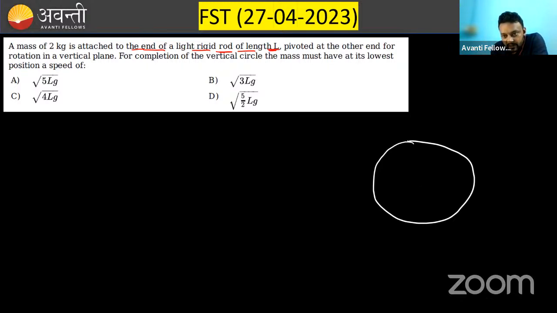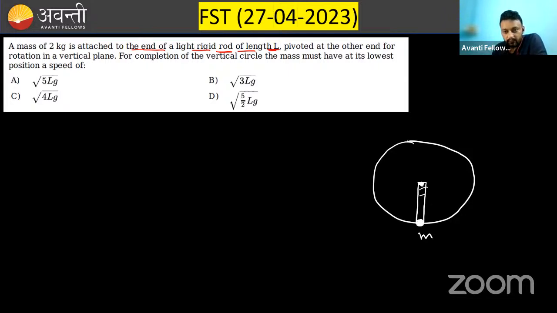Who is rotating? There is a rod. This is the rod which is hinged at one end, and at the other end there is a mass of 2 kg. Clear?